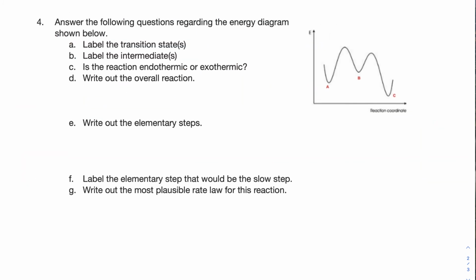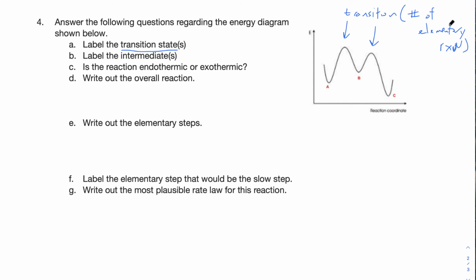And then finally for our review is an energy diagram for a reaction. So let's go through a quick interpretation of an energy diagram. So transition states are those points on the graph here. They also correspond to the number of elementary steps or elementary reactions here.